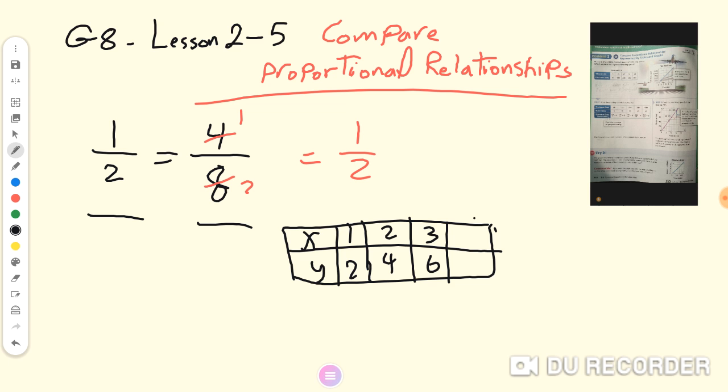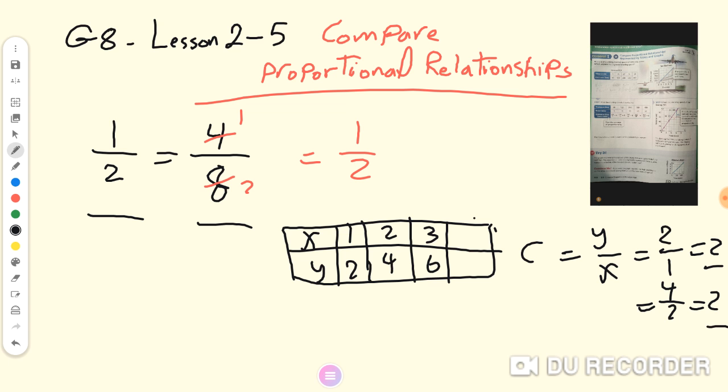The constant of proportionality equals y over x, which is always 2 over 1 is 2, 4 over 2 is 2, 6 over 3 is 2. So all will have the same number, the same constant. So this relation is considered a proportional relation.